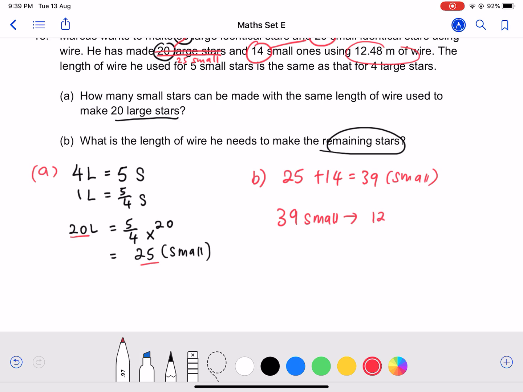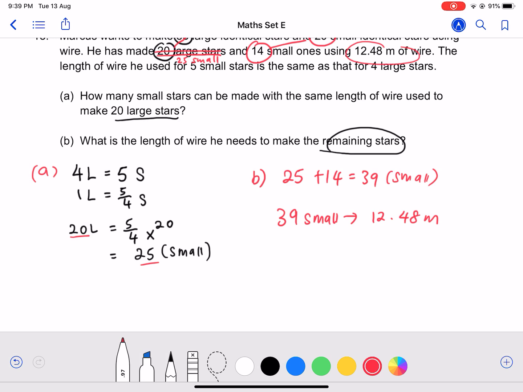Now these are 39 small stars. You need 12.48 meters to do that. And 12.48 is in meters. So I personally do not like meters because it's in decimal.